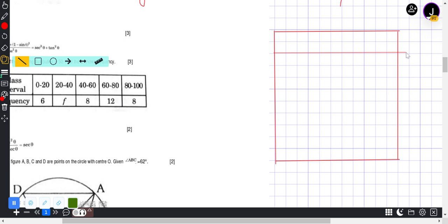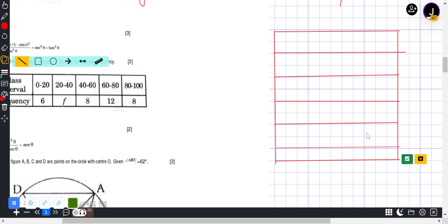So how many others? 1, 2, 3, 4, 5. Okay, and this is for the title.